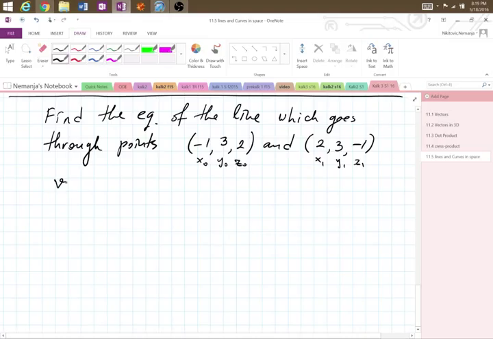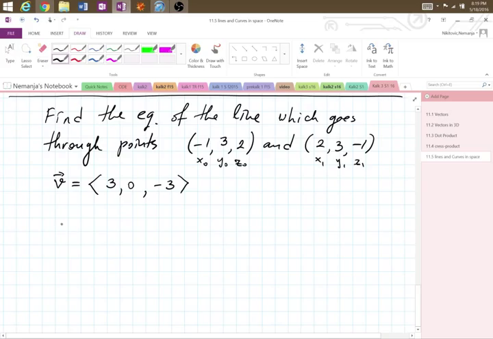So our vector v is going to be given by 2 minus negative 1 is 3, 3 minus 3 is 0, and negative 1 minus 2 is negative 3. If you subtract it the other way around, it doesn't matter. You're still getting the same answer. So we have our vector v.